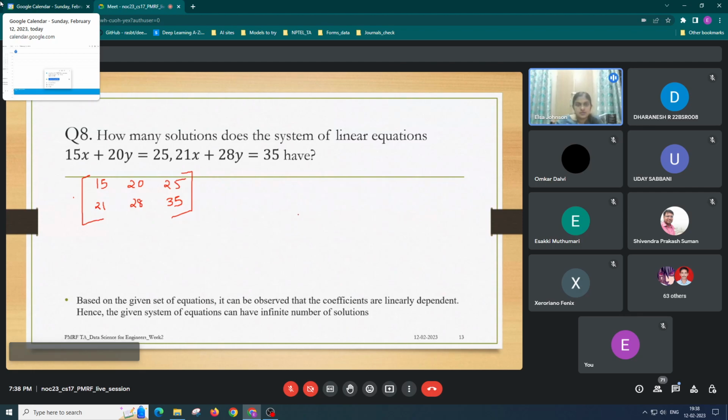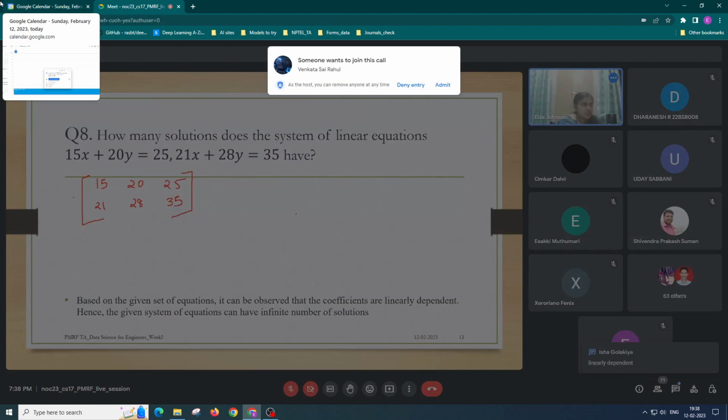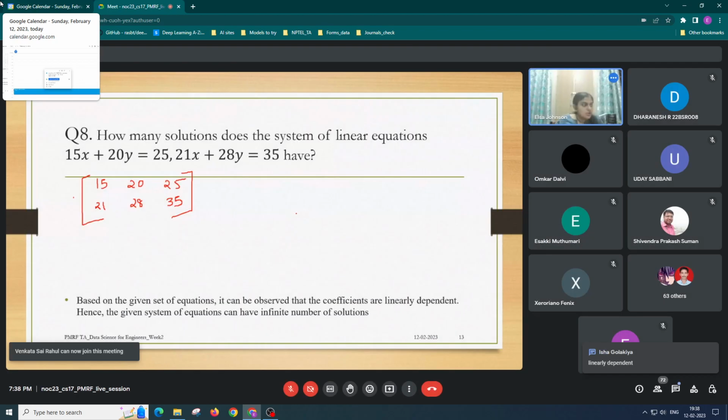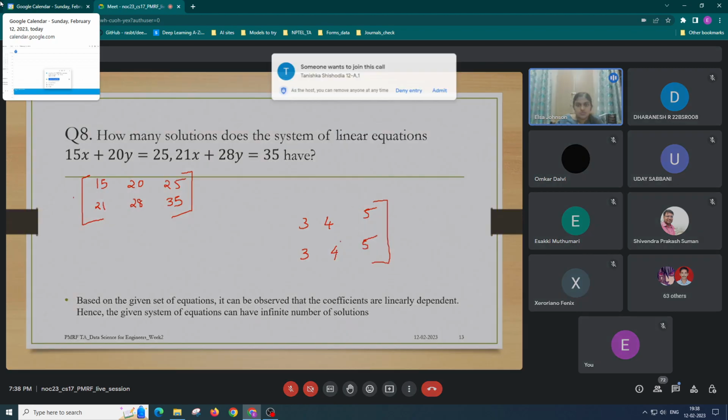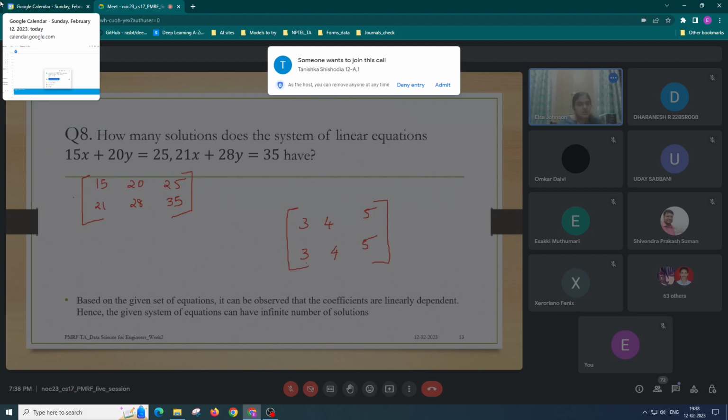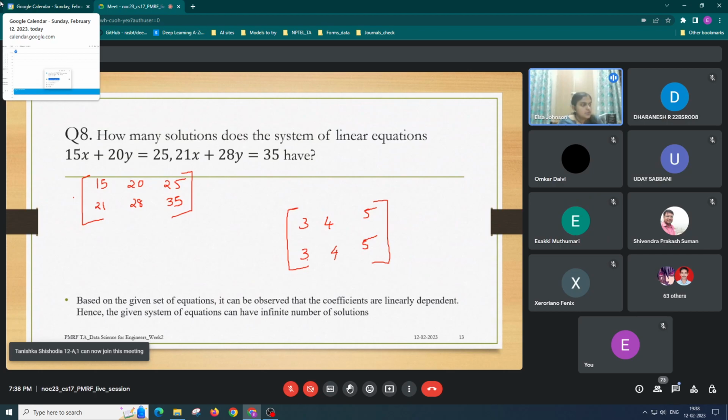In the first row, if you take the common factor, you get 3, 4, and 5. And in the second row, if you take common 7, there also you will get 3, 4, 5. So both the rows are linearly dependent. Immediately you can tell that these are linearly dependent rows.